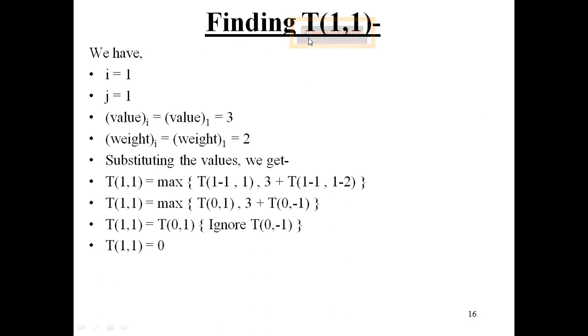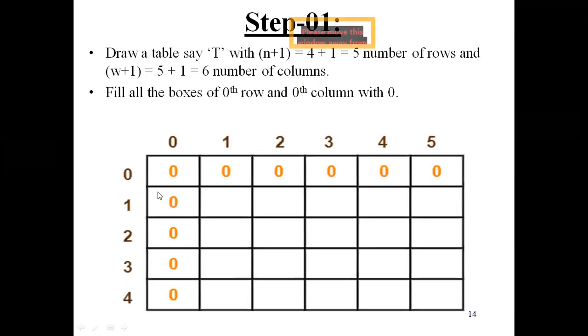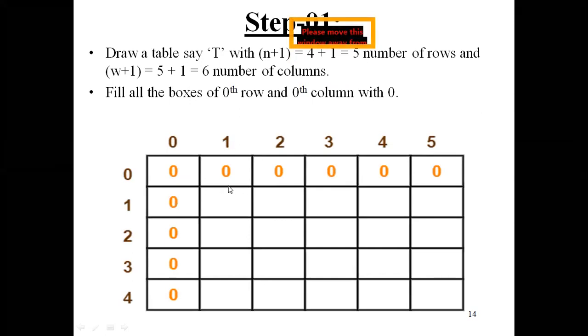Now finding T of 1 comma 1. First row, first column. See in our table, check it. What is the value you want to place in this cell? That is T of 1 comma 1, you need to find.